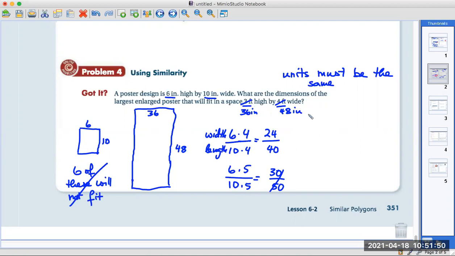So the dimensions would be 24 by 40 inches.